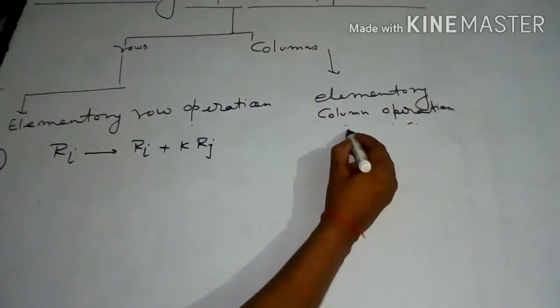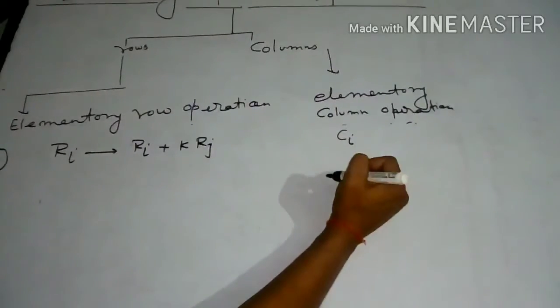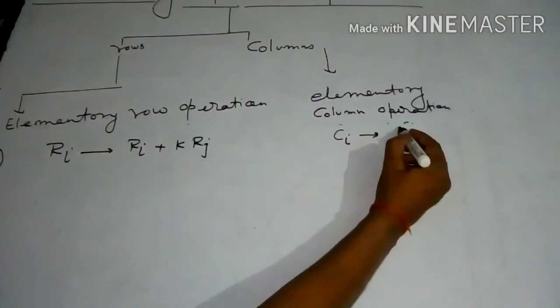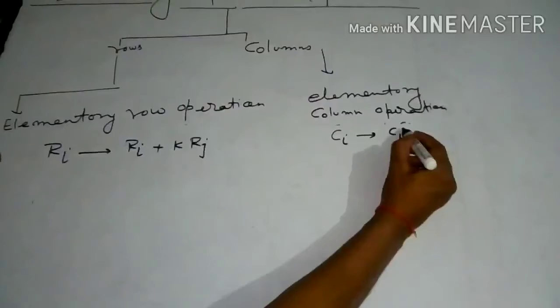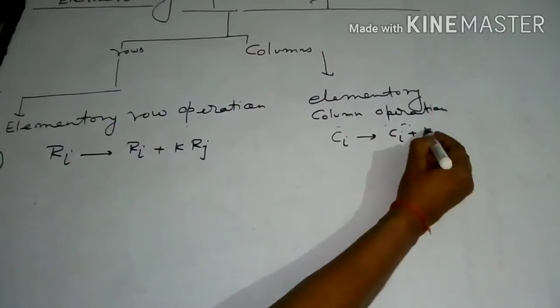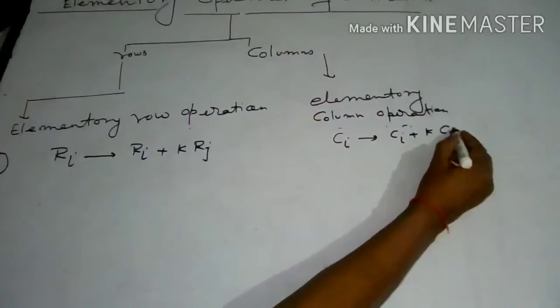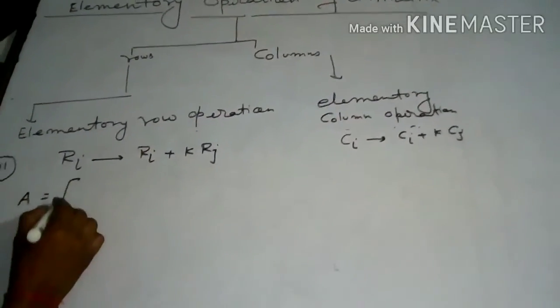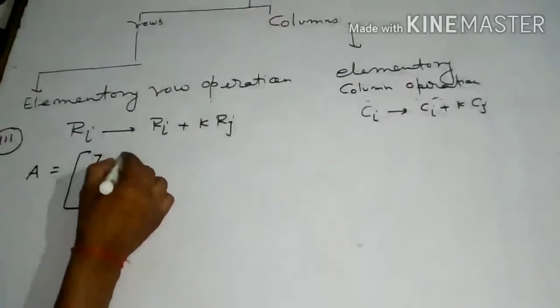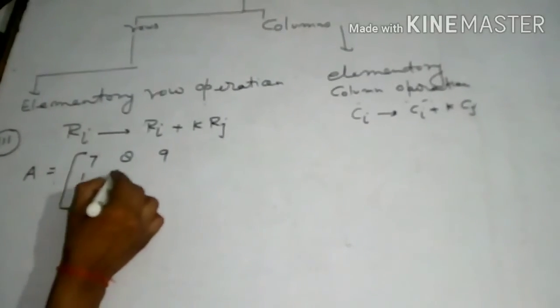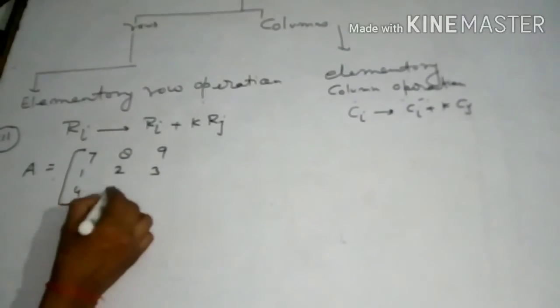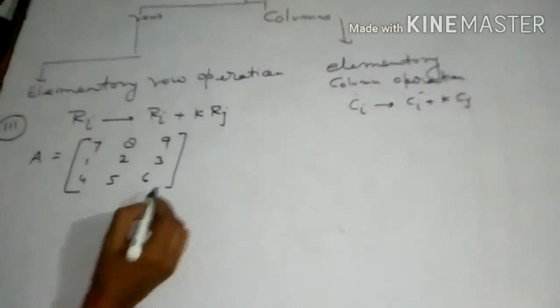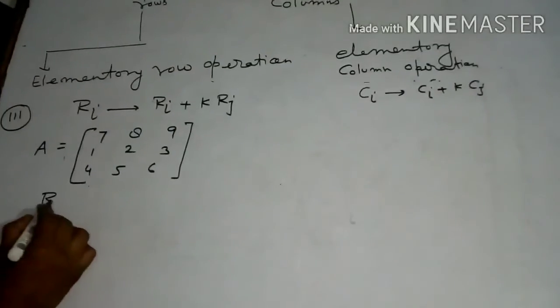In a similar way, in the ith column, we want to add k times the jth column. For example, again we consider the same matrix 7, 8, 9, 1, 2, 3, 4, 5, 6, and we apply this operation in R1.